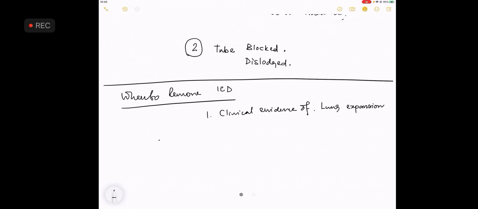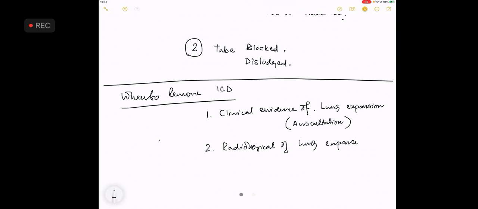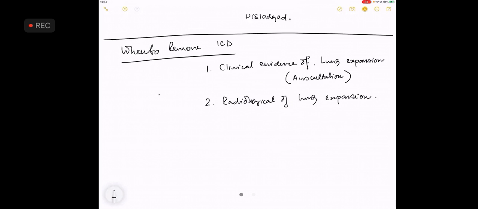How do you know? Sir, on auscultation. This is something that you have been taught in medicine. Number 2, there is a radiological evidence of lung expansion. That means the X-ray is also showing you that the lung is expanded. These are the only 2 things to remember when we take out the chest drain.